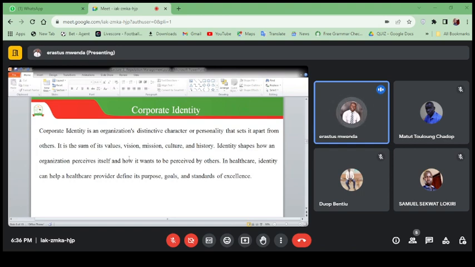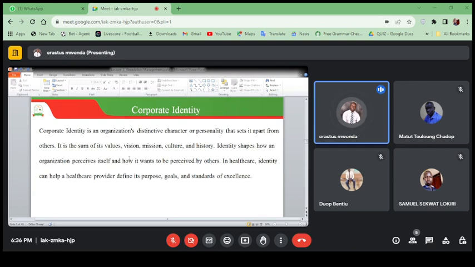If you have a very nice history in terms of your services, anybody who is around will feel it. That's why we are saying the organization perceives itself and how it will also want to be perceived by others. So identity is key when we are around healthcare issues.